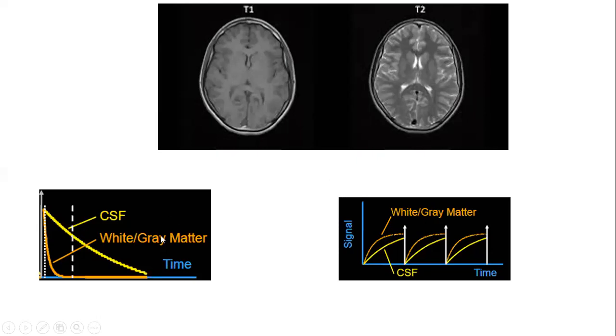Then for T2 weighted image, at this point, the time of echo between them is small. So as the longitudinal signal begins to fall into the transverse plane, we have an enhancement of weighting due to this also.